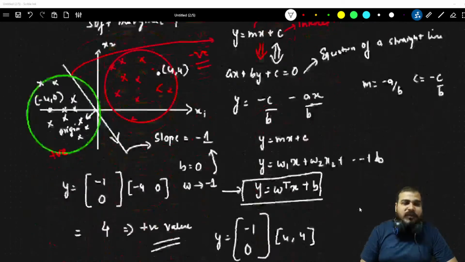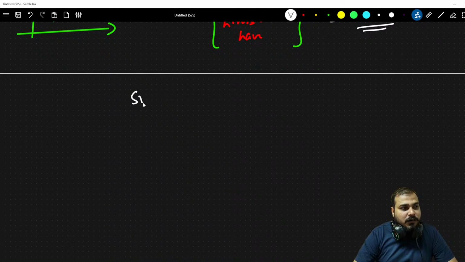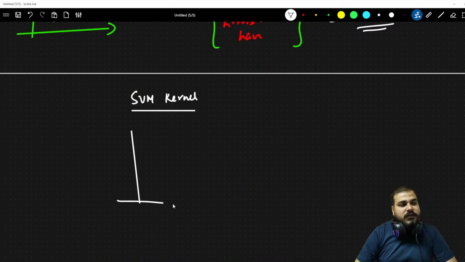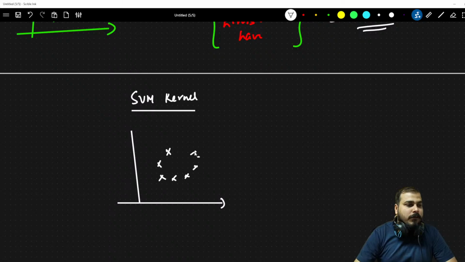Okay, in this one more thing is there which is called the kernel matrix. We say it as SVM kernel. Now in SVM kernel, what happens? Suppose I have specific data points which look like this. So we obviously cannot use a straight line to divide it.